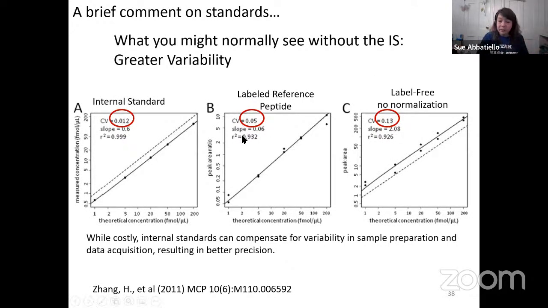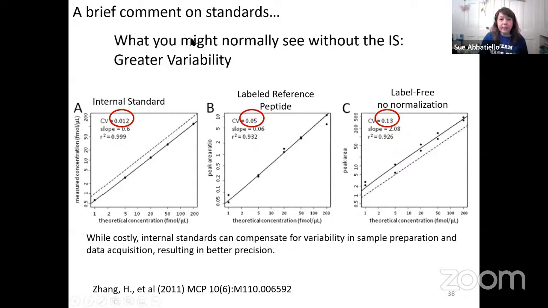What we see here is when we plot that slope, our coefficient of variation on these data points is now 5% instead of 1.2. And so we also see there's variability down at the low end and at the high end that this labeled reference peptide can't account for because it's occurring somewhere else in the analysis.